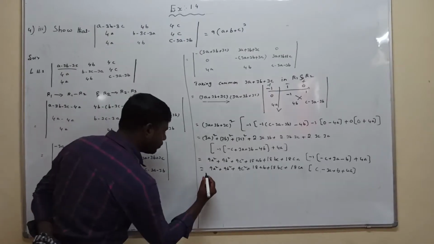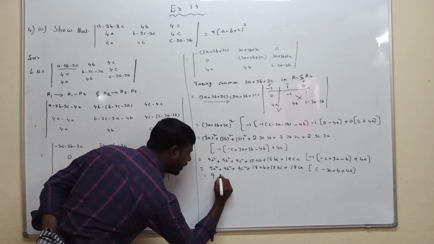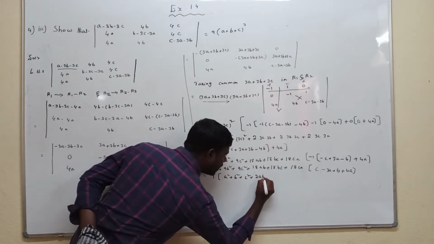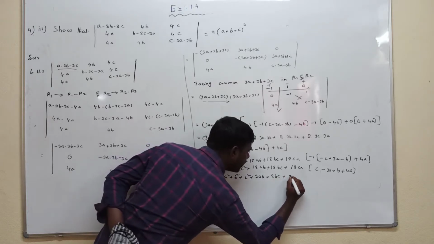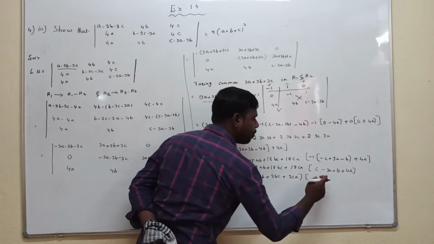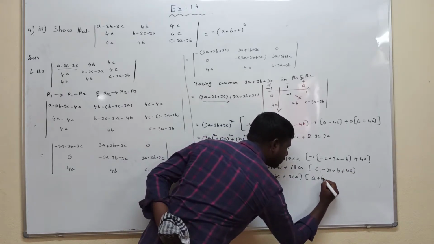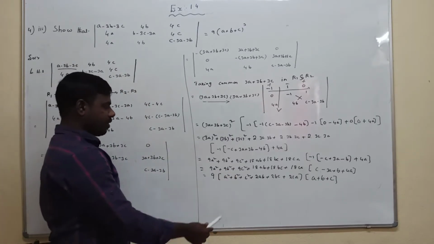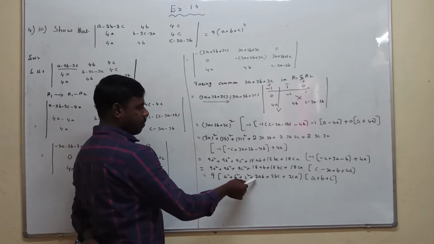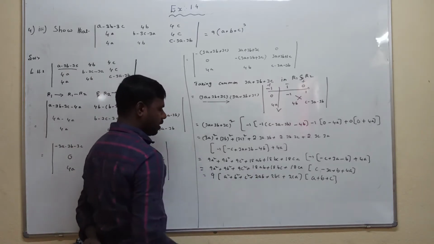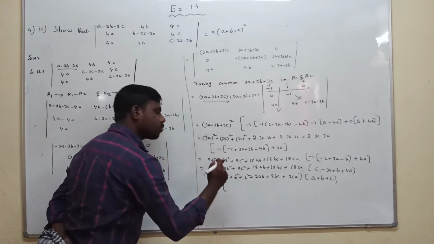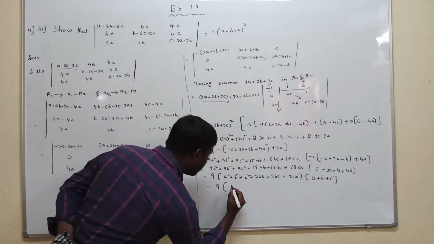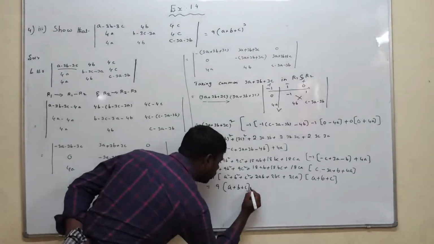Now 9 we are taking common outside. a square plus b square plus c square plus 2ab plus 2bc plus 2ca into a plus b plus c. Now in this function I am taking 9 common outside. Here students, a square plus b square plus c square plus 2ab plus 2bc plus 2ca can be written as (a+b+c) whole square form.